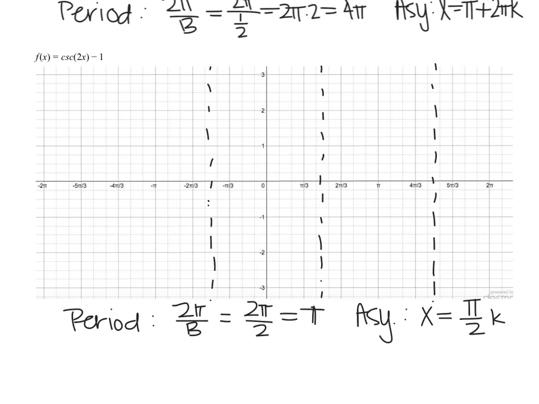And that's going to be at pi over 4, which is not an exact point on here, but it's going to be roughly here. And then we are going to draw our curve.